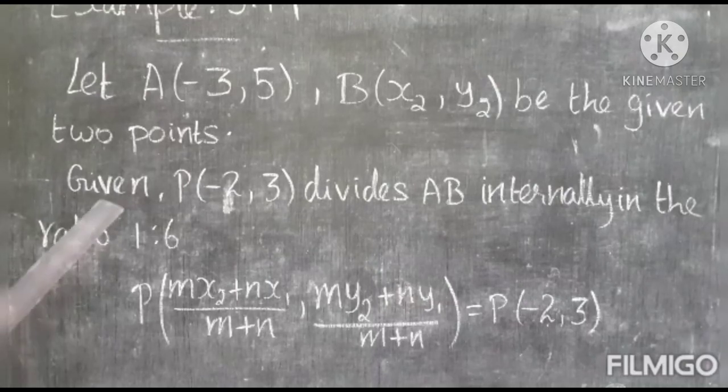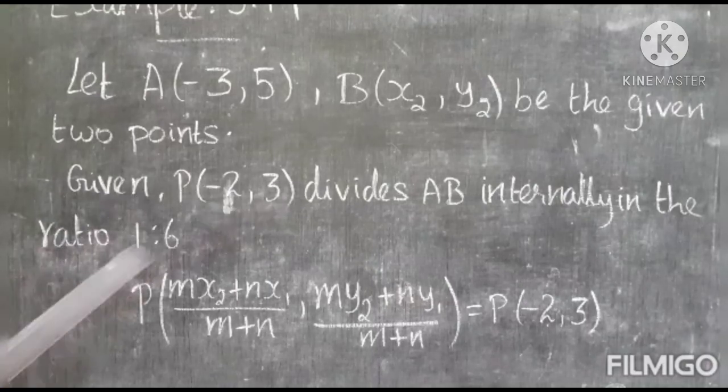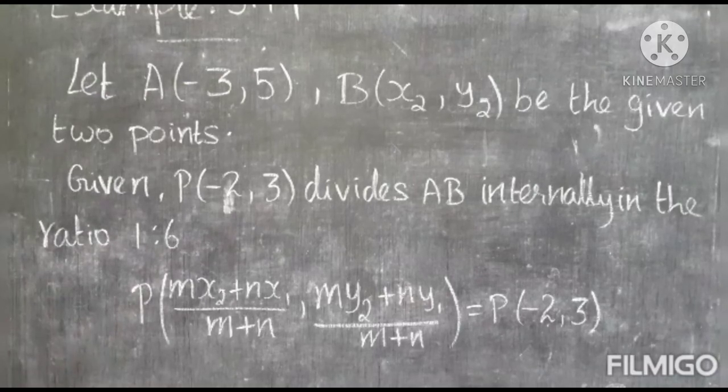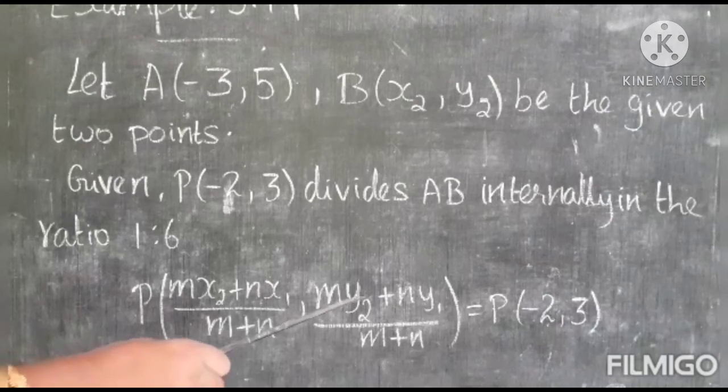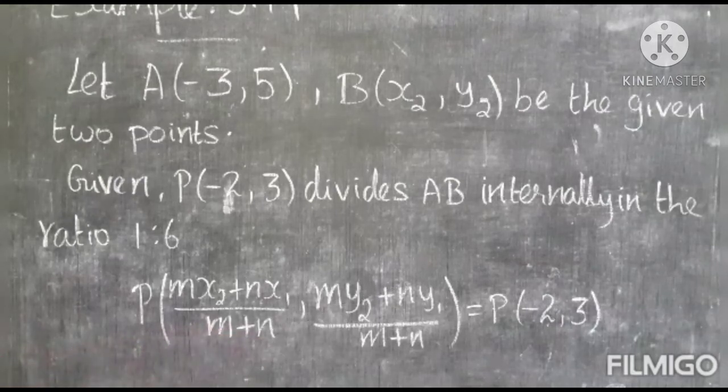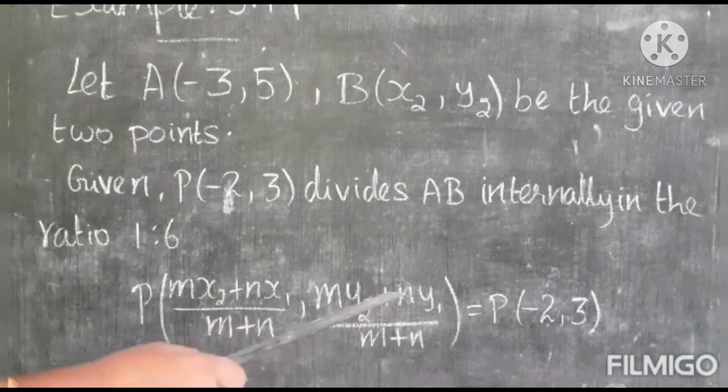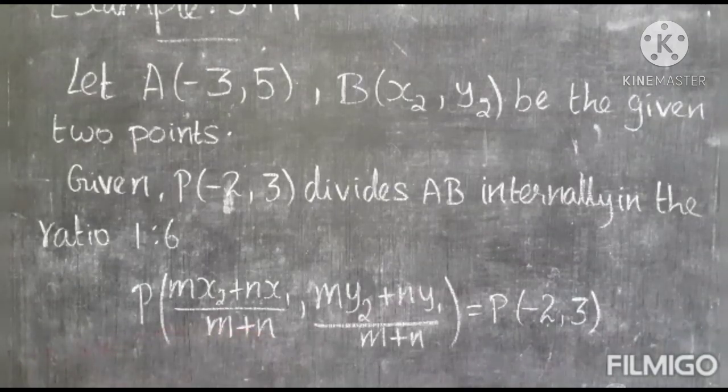Given P (minus 2, 3) divides AB internally in the ratio 1 is to 6. By section formula, P of (m into x2 plus n into x1) by (m plus n), comma (m into y2 plus n into y1) by (m plus n) is equal to P of (minus 2, 3).